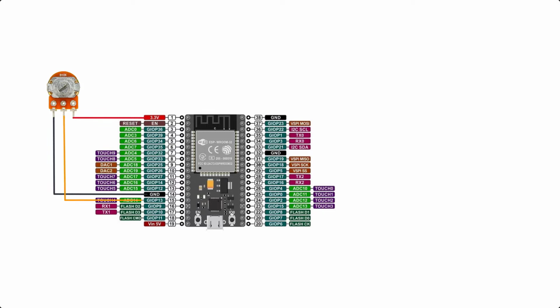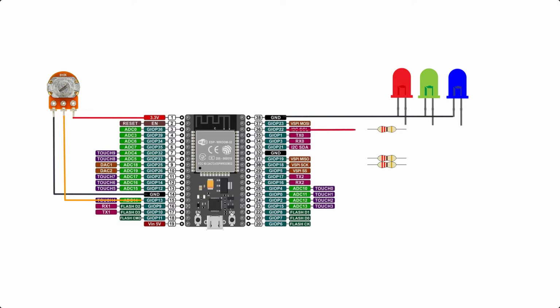Then, the 3 LEDs, red, green, and blue, with their corresponding current limiting resistors, will be connected to GPIO 22, GPIO 19, and GPIO 18 respectively. Again, you can use any GPIO pins available that you desire. And finally, we'll attach 3 floating wires for our touch sensors.